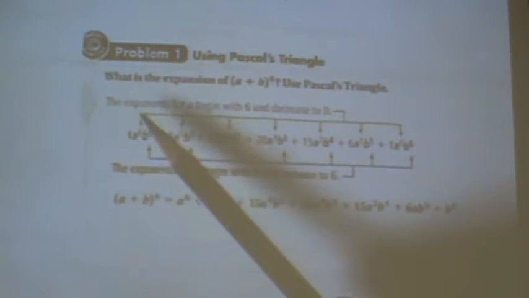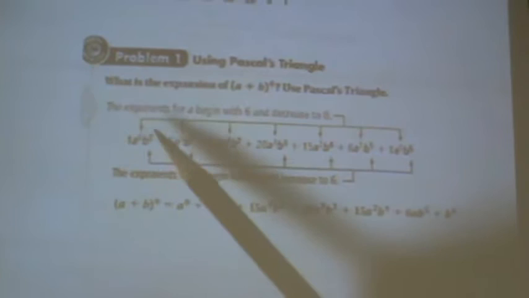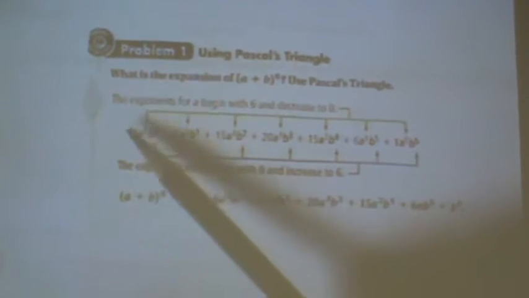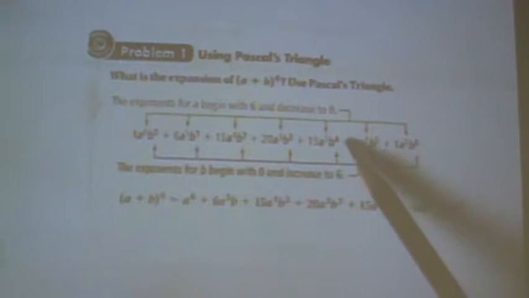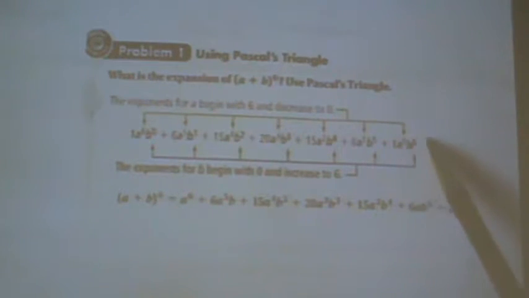And these are all multiplied. Each term in your expansion is multiplied. So these aren't difficult, it's just you have to keep track of what is going where.